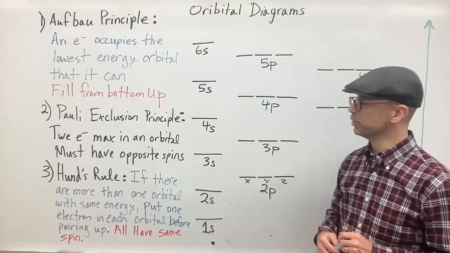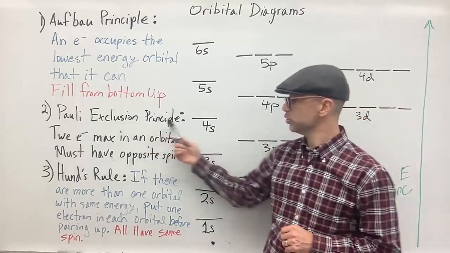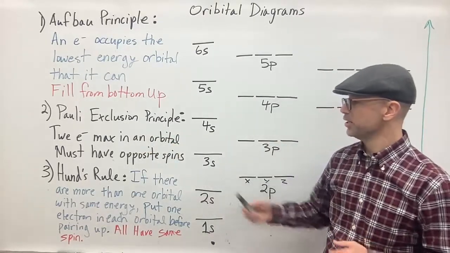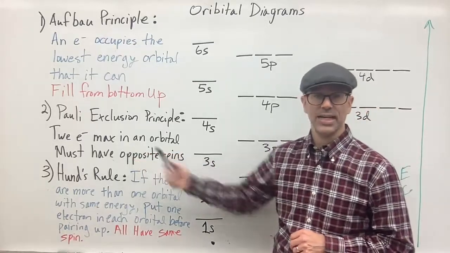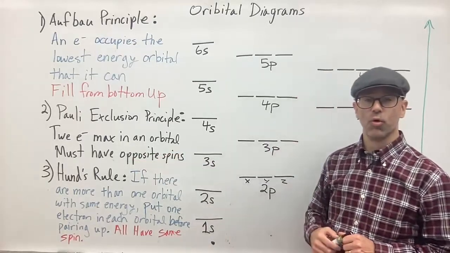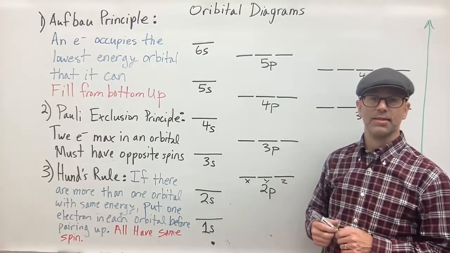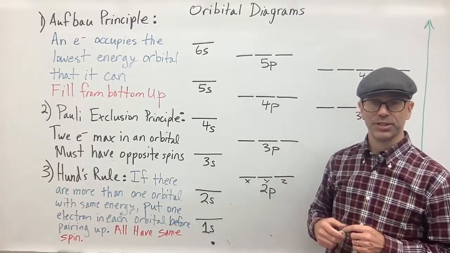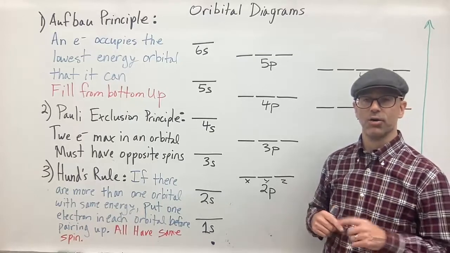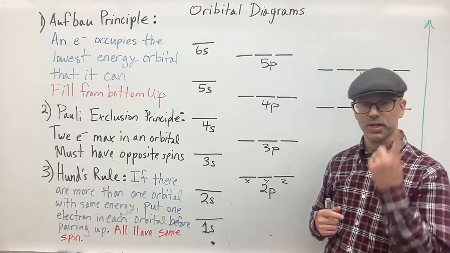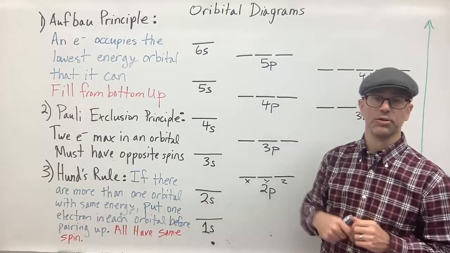The second principle is what is called the Pauli exclusion principle. In a nutshell, that says that each orbital can only hold a maximum of 2 electrons, and they must have different spins. We talked about how an electron is either spin up or spin down.